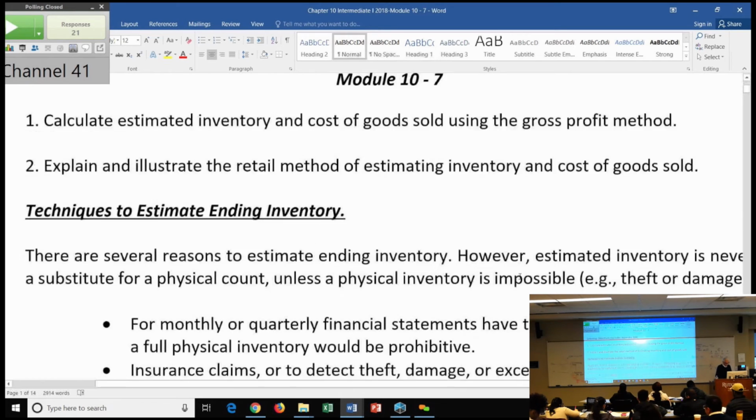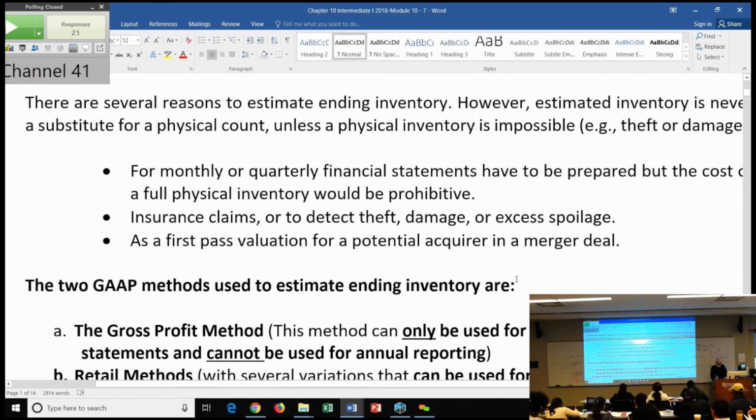Sometimes for, as I'm showing you here, quarterly statements or monthly statements. You don't want to count inventory. There's also cases where inventory is damaged. Insurance claims, forensic, you hear a lot about forensic auditing or forensic accounting. You have to come up with techniques to come up with an inventory estimate.